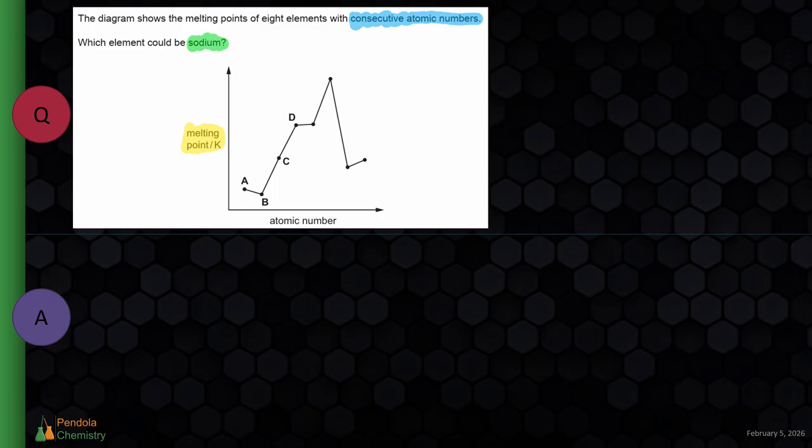So when we think of sodium, right, we're thinking of a few things. We're thinking of a group 1 element. We're thinking of a metal. We're thinking of a +1 oxidation number. So these are some things that we need to keep in mind. We're thinking of giant metallic structure.